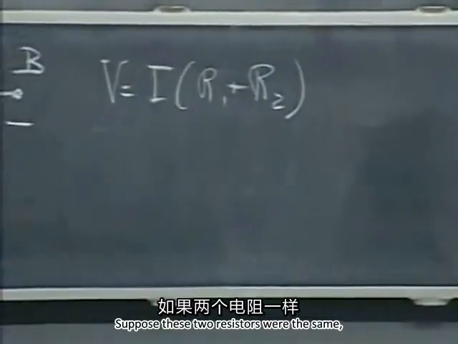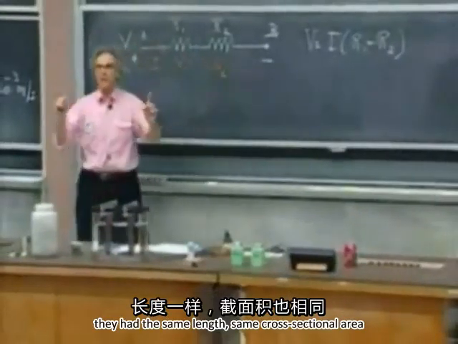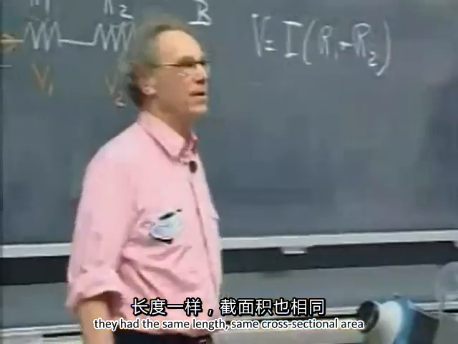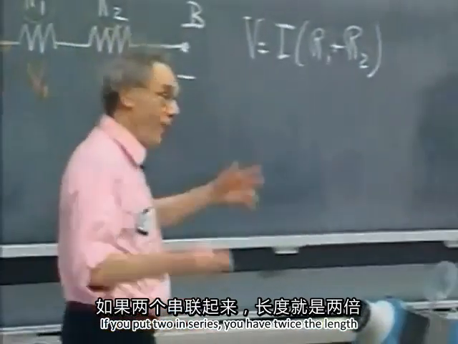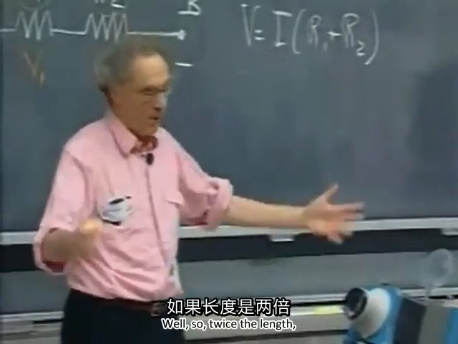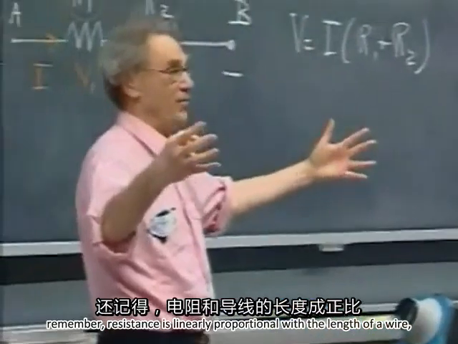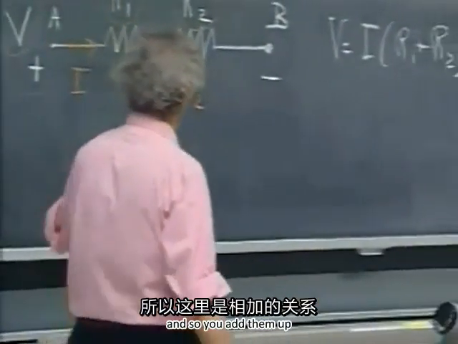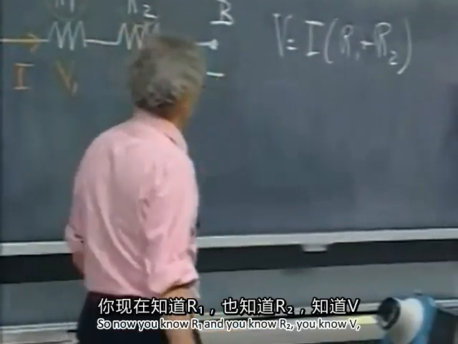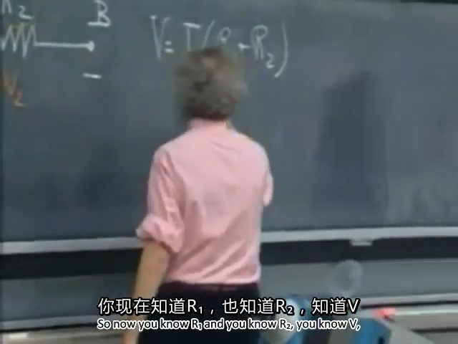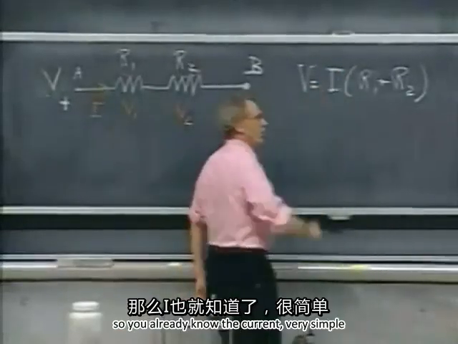Suppose these two resistors were the same. They had the same length, same cross-sectional area. If you put two in series, you have twice the length. Well, so twice the length, remember, resistance is linearly proportional with the length of a wire. And so you add them up. So now you know R1 and you know R2, you know V, so you already know the current.